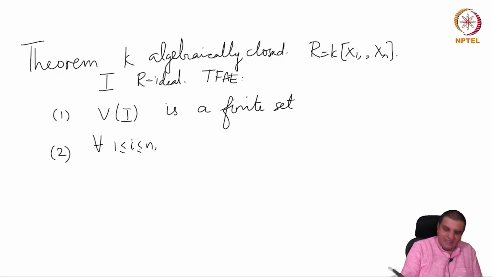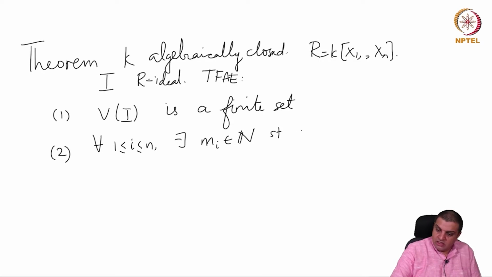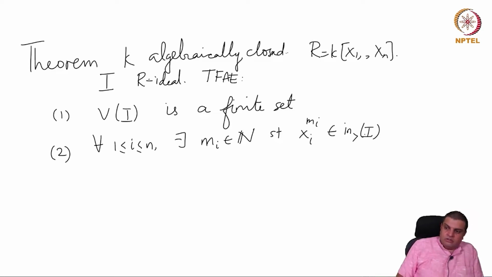For each of the variables, there exists a non-negative integer mi such that xi to the mi is in the initial ideal of I. So fix any monomial order; the result does not depend on the monomial order itself. 3.